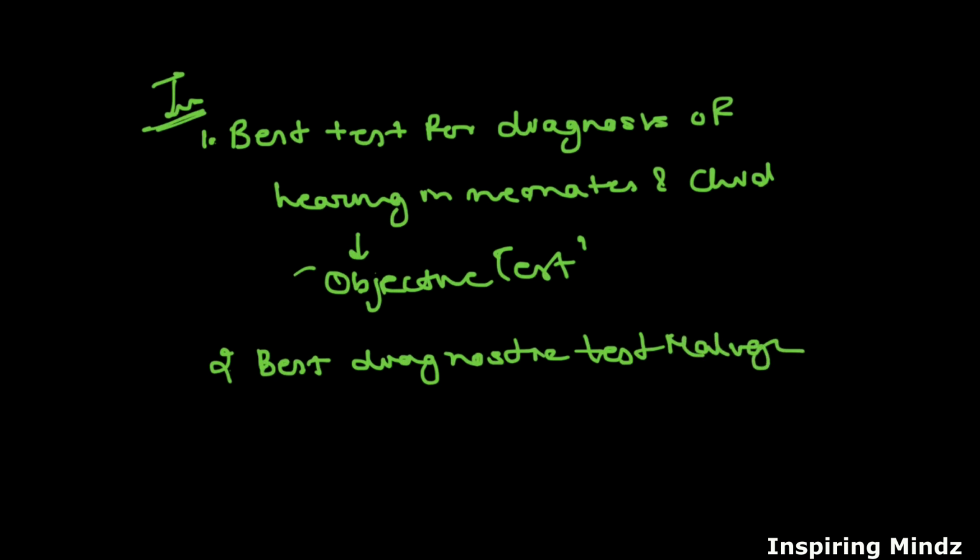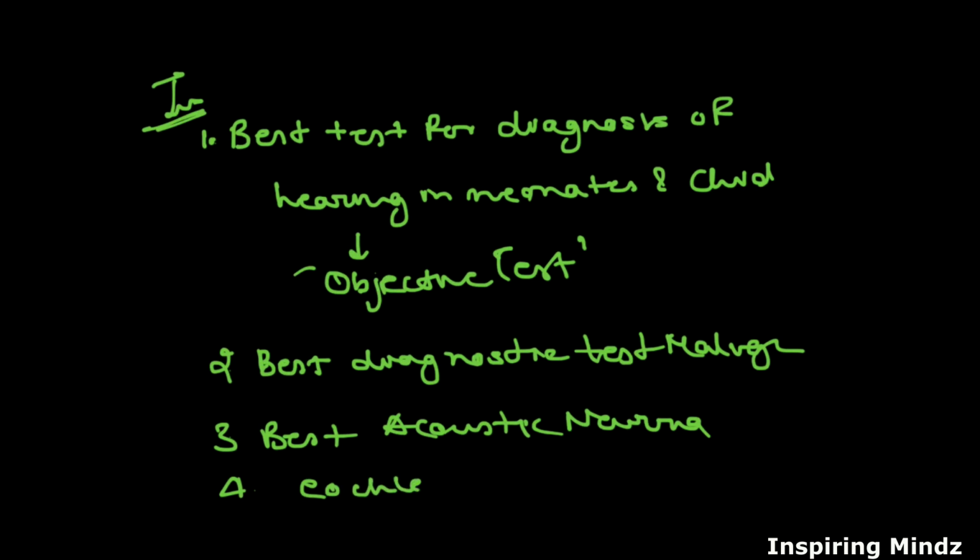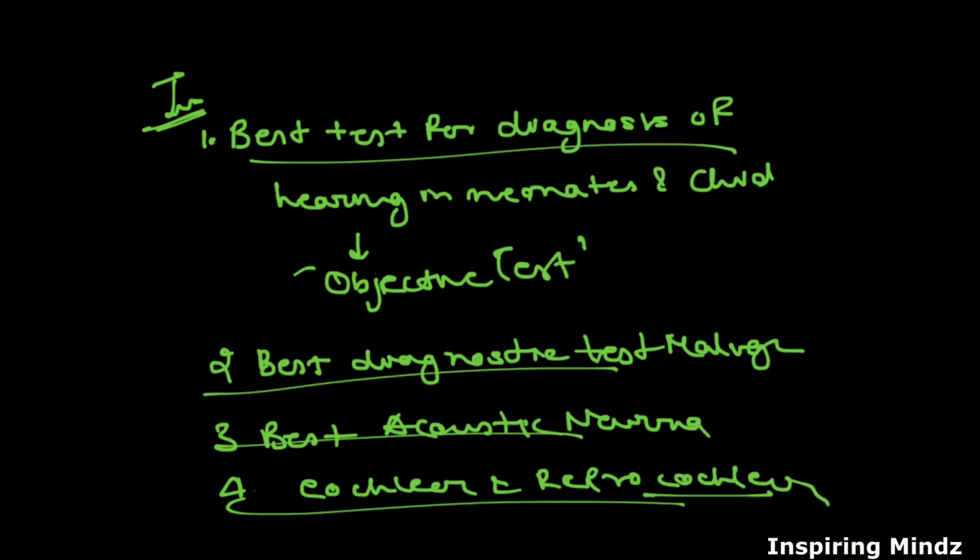Third, it is the best test for acoustic neuroma. Next, it is the best test to differentiate cochlear and retrocochlear lesion. Okay, so these are the various important points about BERA.